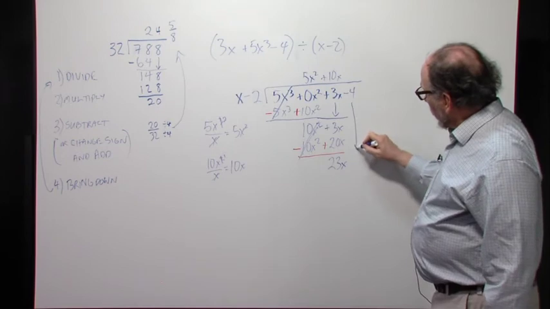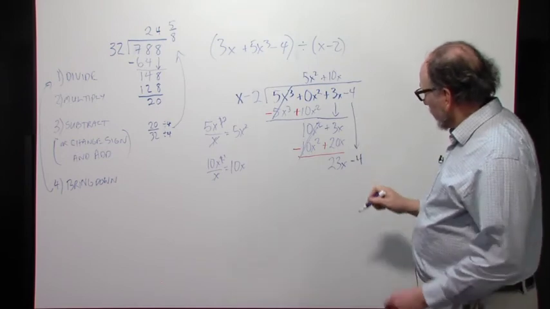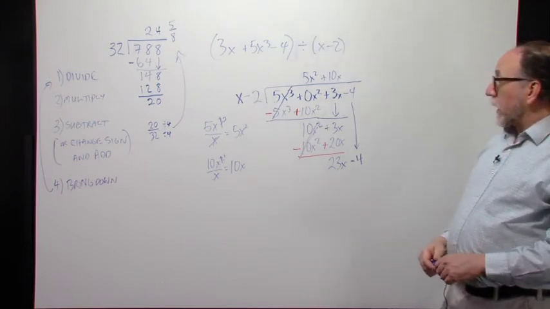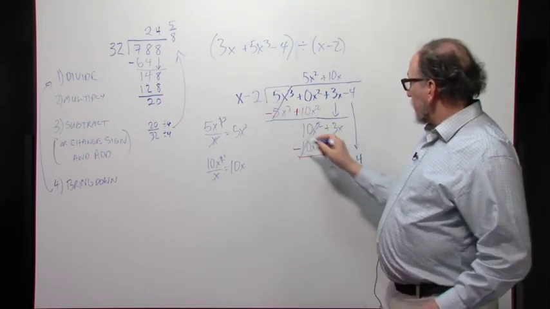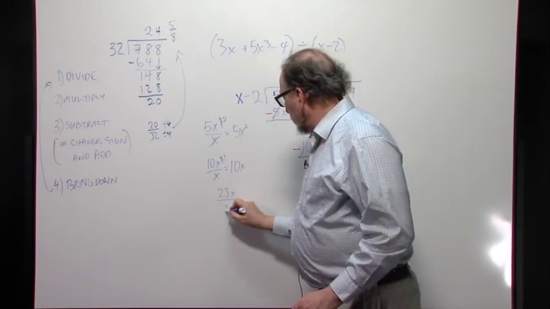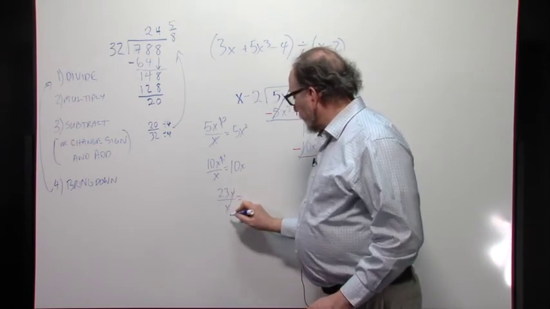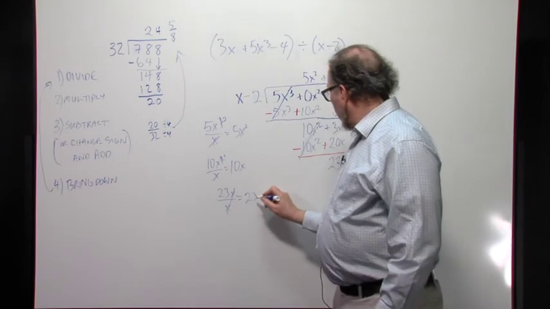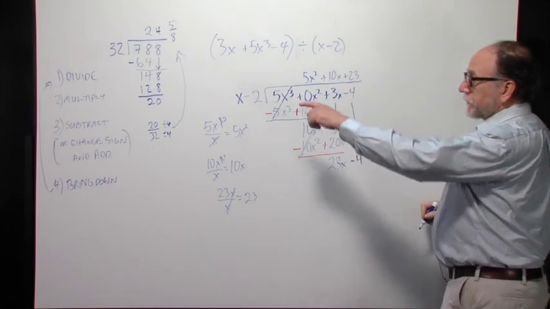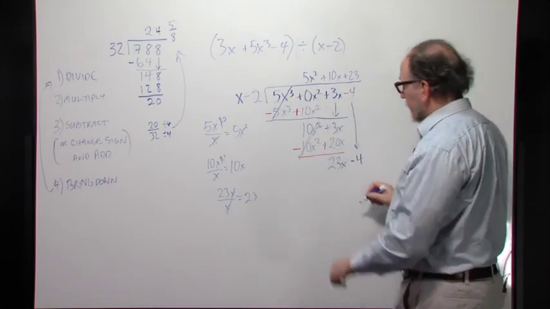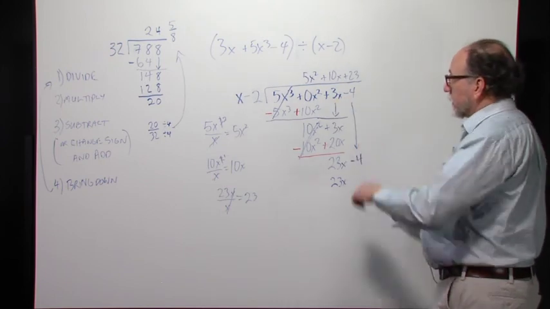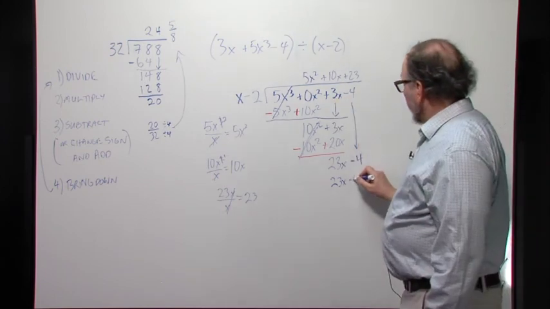And bring down one more, the last term here, negative 4. And we're going to divide once again. X into 23x. Those x's divide to 1 and we get 23. So that goes up here. That's our division step. Multiply, 23 times x, 23x. 23 times negative 2 is negative 46.